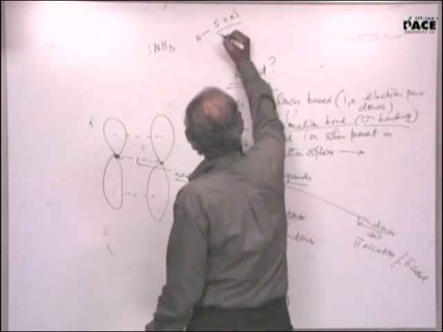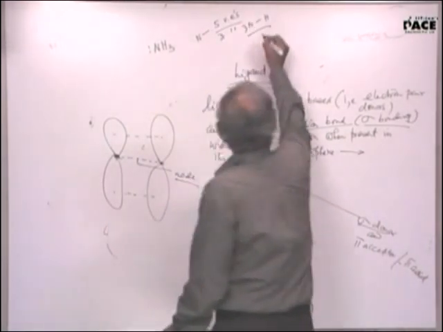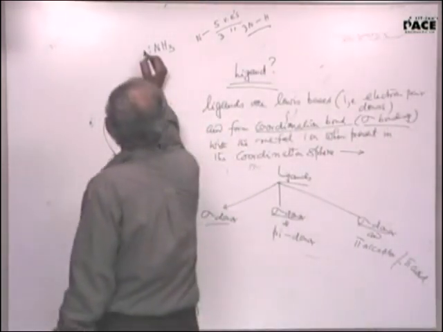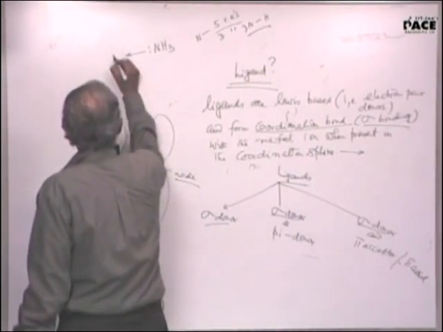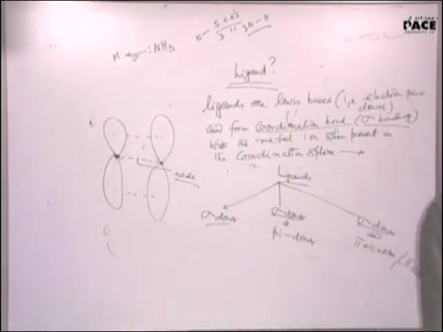Out of 5, 3 valence electrons are used for 3 NH bonds, so there will be a lone pair available on nitrogen. It forms a coordinate bond to the metal by giving a pair of electrons from nitrogen to metal.